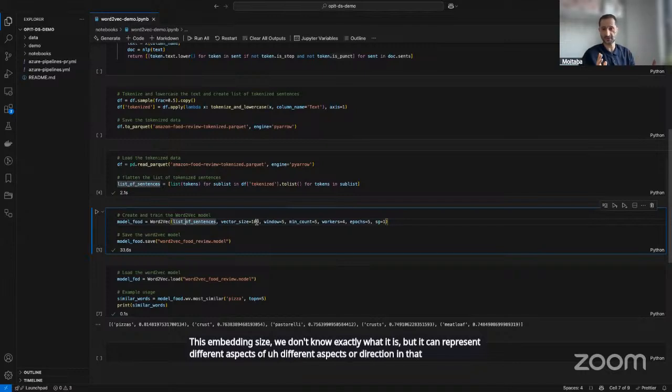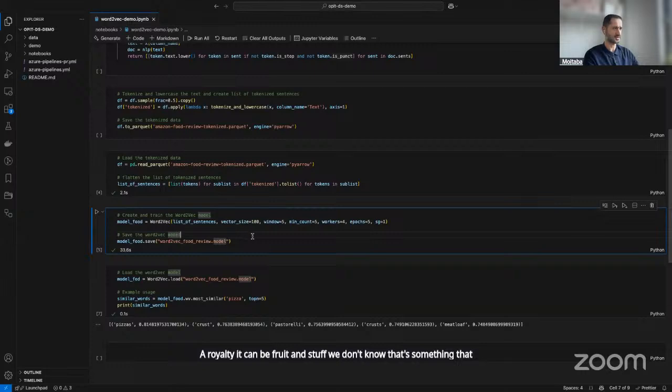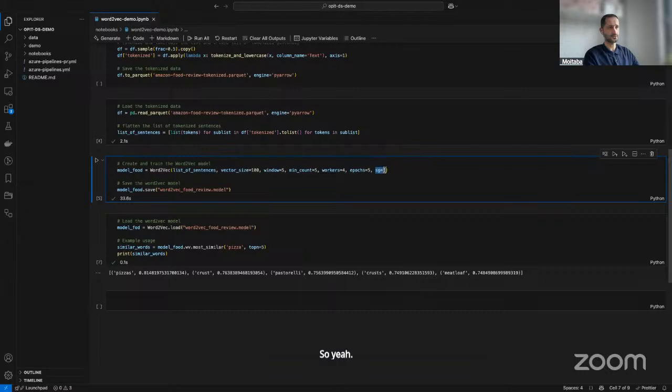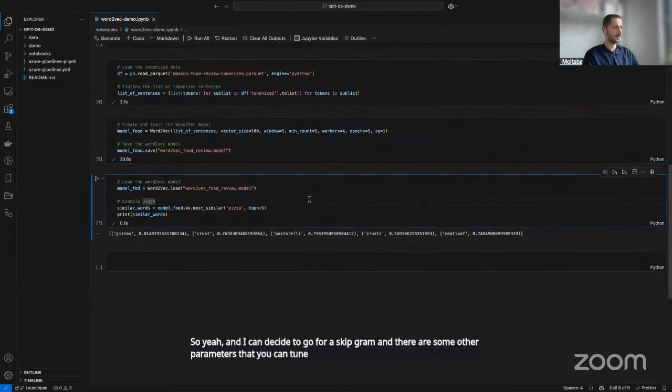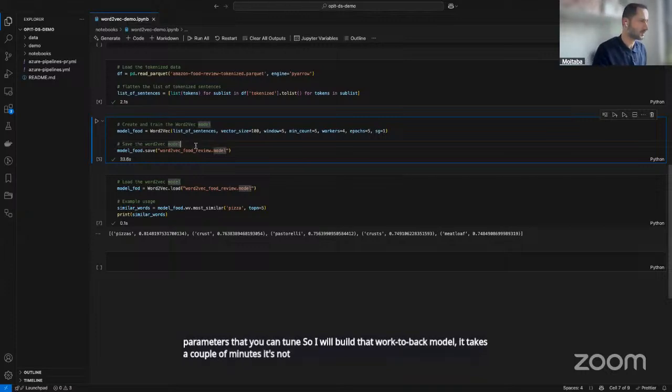It can be gender, royalty, food and stuff. We don't know. That's something the network itself recognizes. I can decide to go for skip-gram, and there are some other parameters that you can tune. So I will build that Word2Vec model. It takes a couple of minutes, it's not taking so much time.